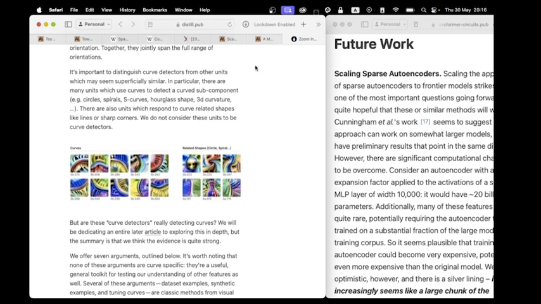This goes in the good tradition of trying to reverse engineer convolutional networks.